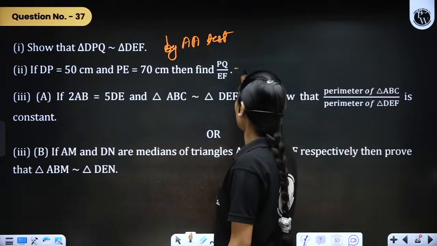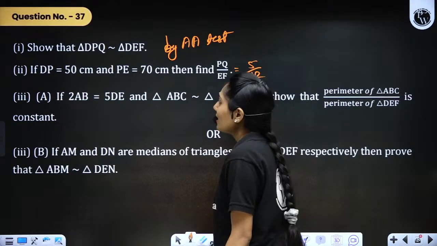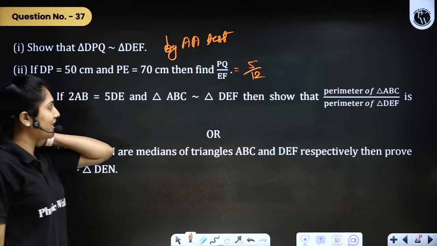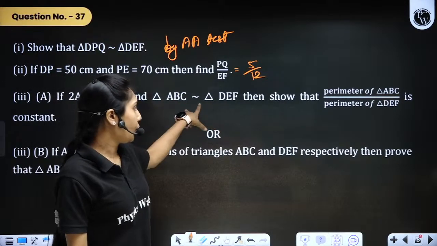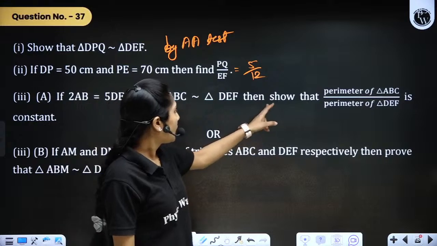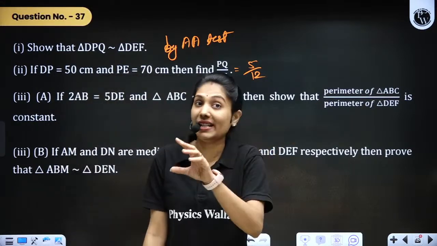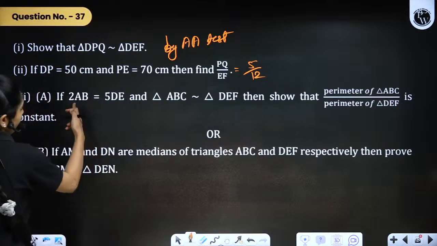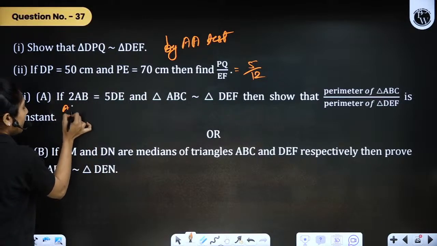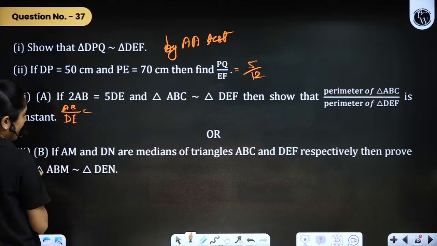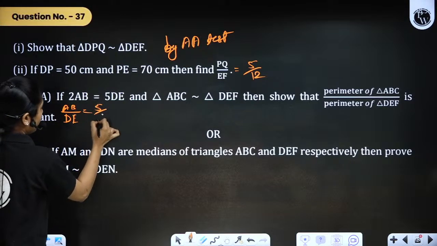Next is, if 2 times AB is equal to 5 times DE and these two triangles are similar, show that the perimeter of ABC upon the perimeter of DEF is a constant. Here AB upon DE is 5 by 2.